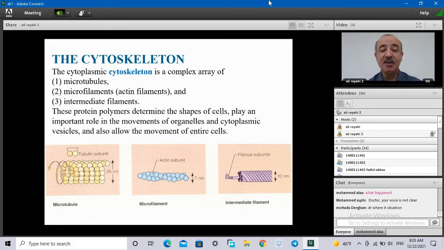The cytoskeleton is involved in the movement of the cells, movement of molecules within the cytoplasm, or movement of the entire cell.